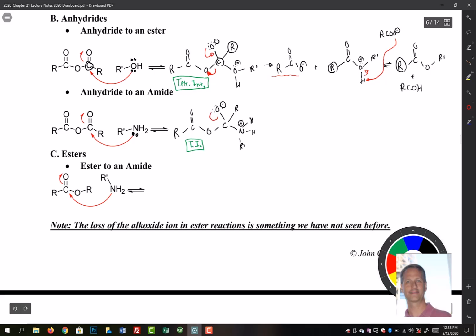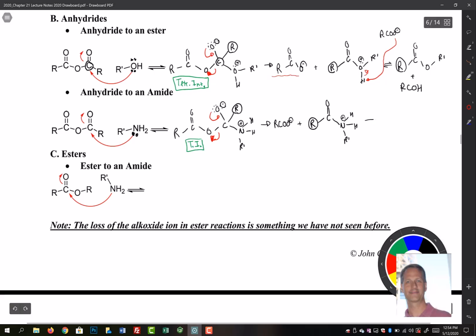So same idea, swinging down here, making our carbonyl again, and kicking off our leaving group there. So that'll give us an RCOO minus, and then plus. I'm going to swing that R group down just like we did before. So get you your carbonyl, and then your R prime, H, H plus there.